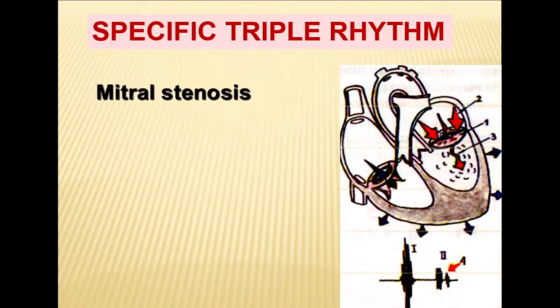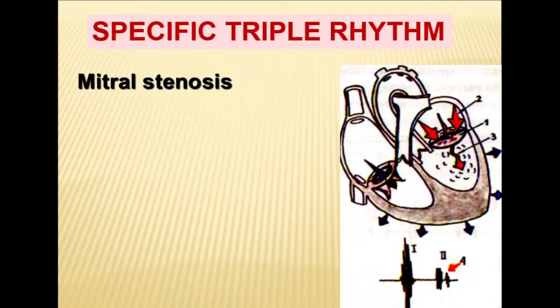Triple rhythm may be heard only over the heart apex because it is characteristic only for one pathology, mitral heart defect, mitral stenosis, and will show the process of opening the mitral valve, which appears immediately after the second sound.